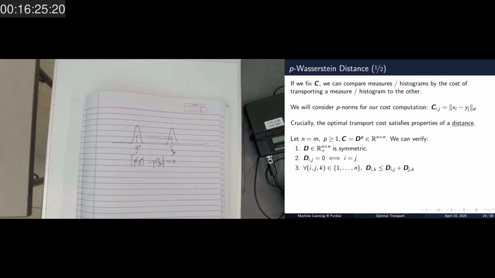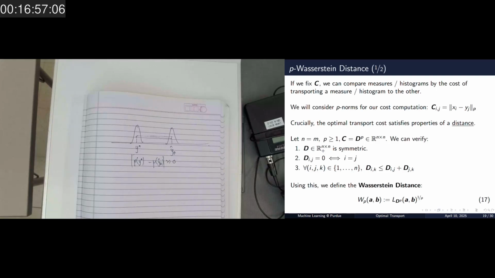Sorry, I didn't realize. So you take C as the Lp norm, and then D is the p-th root of that. Is it not the other way around? Like C is D to the power of p. I'm a little confused about that. Why would you take effectively the root of the p norm? Oh, we will take the root over here.